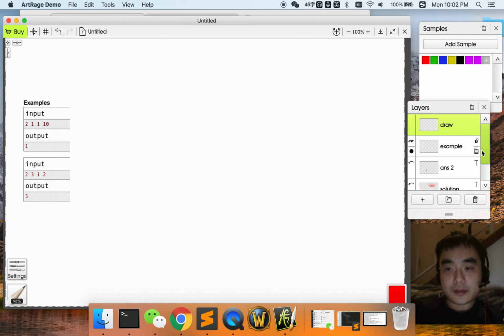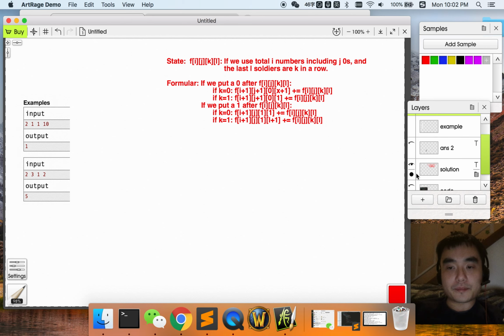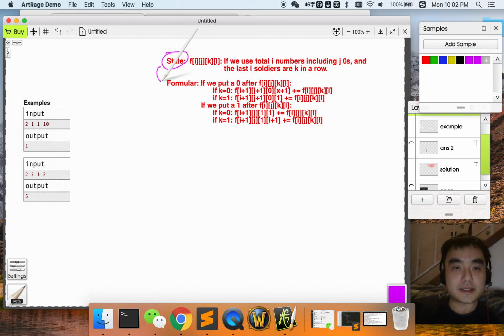So the most important part of dynamic programming is to find the definition of the states, and then based on the states, we find out the formula to calculate all those states.